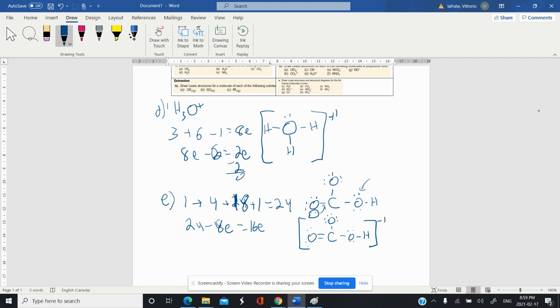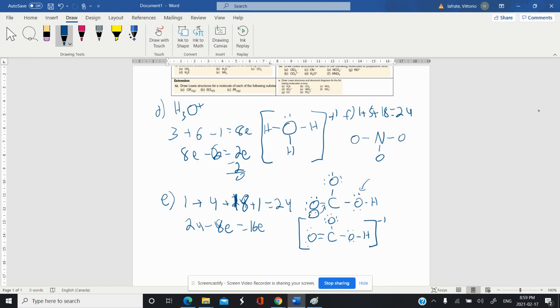Let's try HNO3. So we have 1 plus 5 from nitrogen plus 18 from all the oxygens there. That's 24. We'll put N in the middle. We'll put our O's on the side.